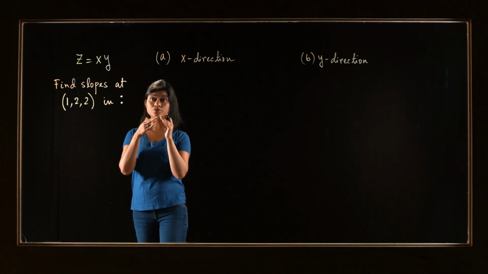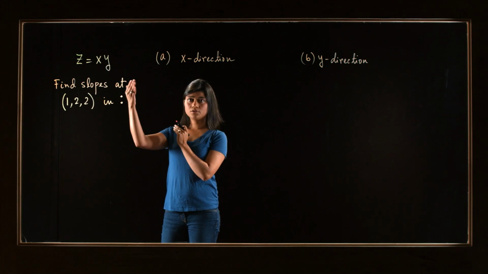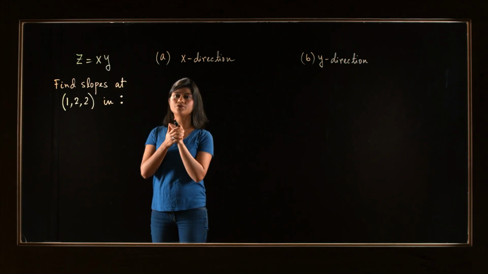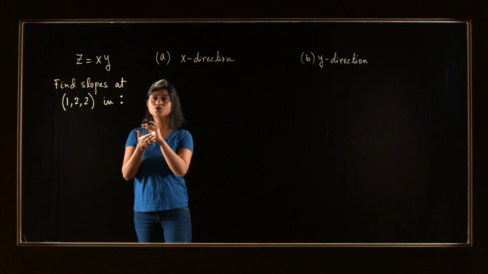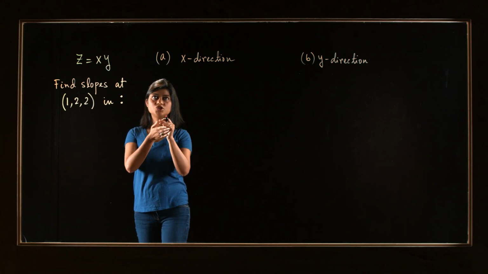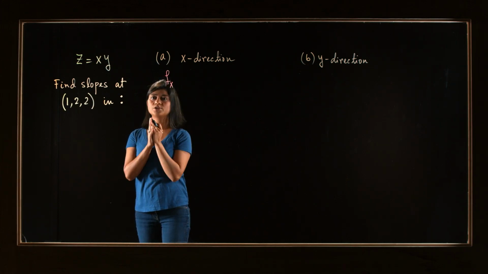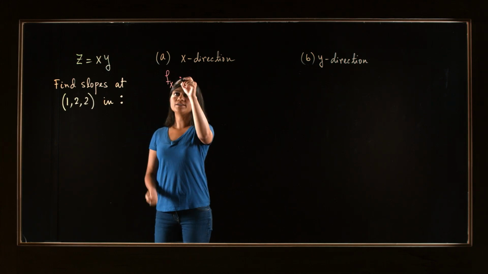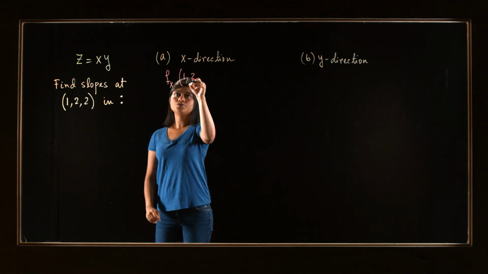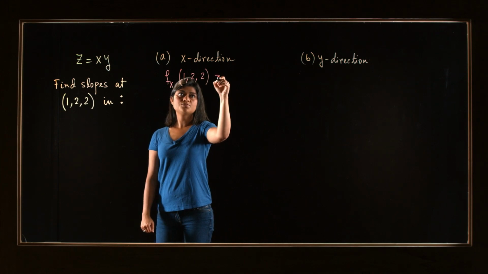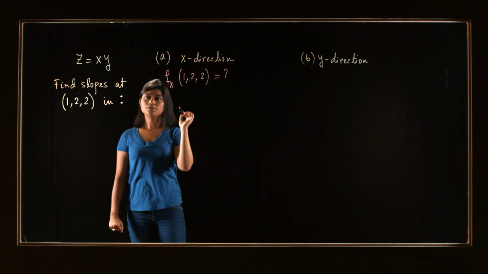It's just the derivative of this function in that direction. And what does it mean by derivative in x direction? That just means we have to compute the partial derivative with respect to x and then evaluate it at the point (1, 2, 2). So that's what we have to find for the first part.